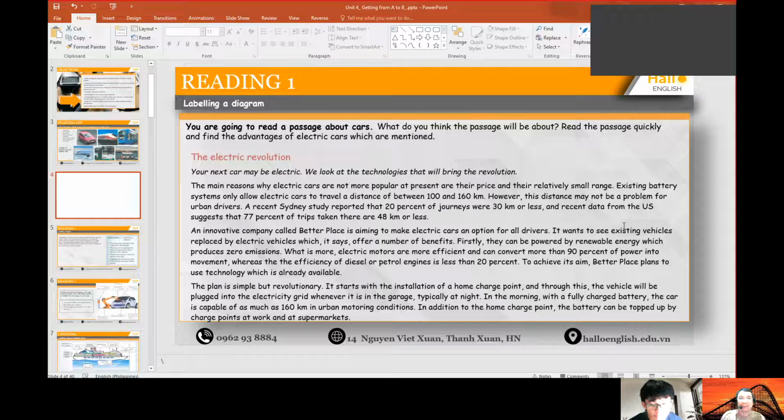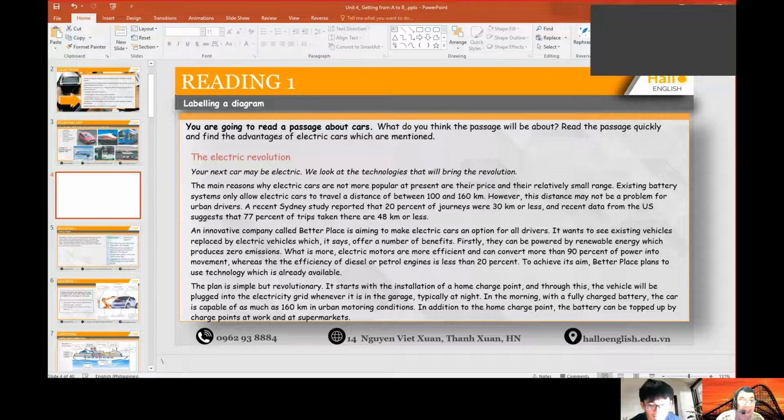Can you see the third sentence of the last paragraph?